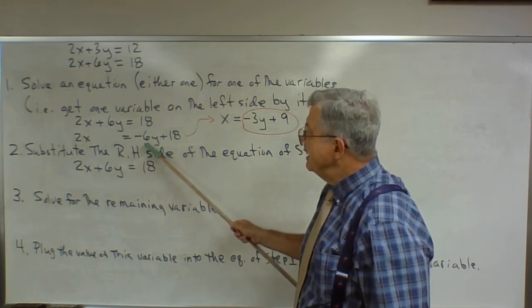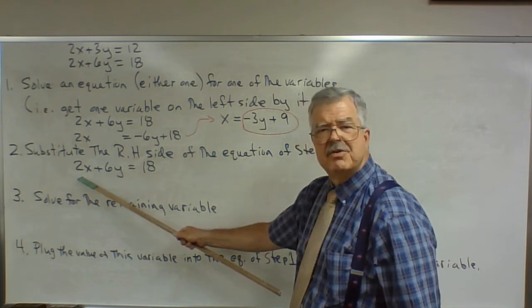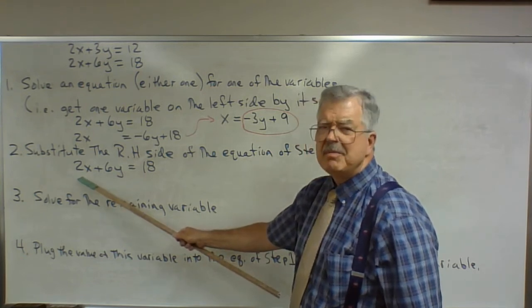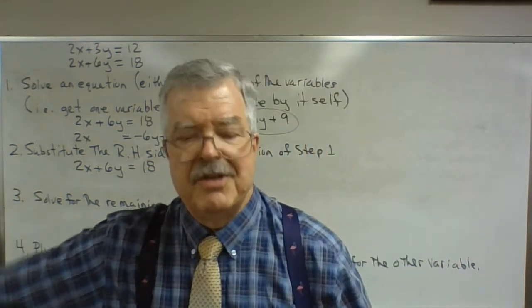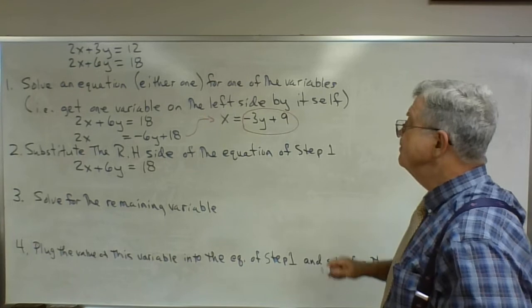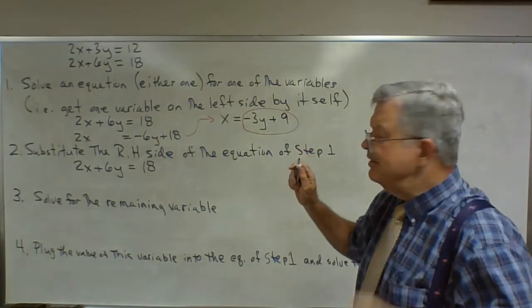So I could take negative 6y plus 18 and just substitute that in for 2x. And that would be simpler, wouldn't it? So I caught myself not looking far enough ahead. This is fine, but it turns out I don't need to do this.